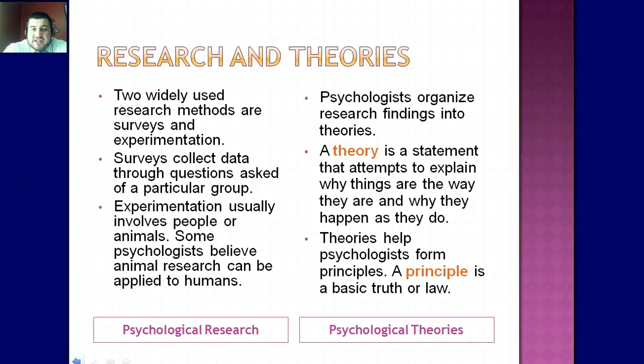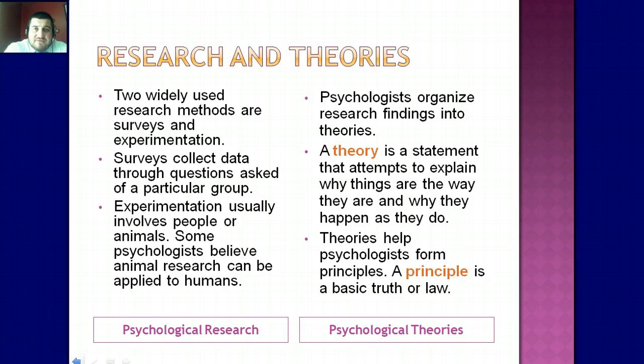But some psychologists really rely on surveys as a quick and easy way to gather information from a large group of people. And psychological experimentation involves people and animals most of the time. And some psychologists believe that, for example, studying monkeys, which are very close to humans in the evolutionary chain, we can take that data and apply it to humans.